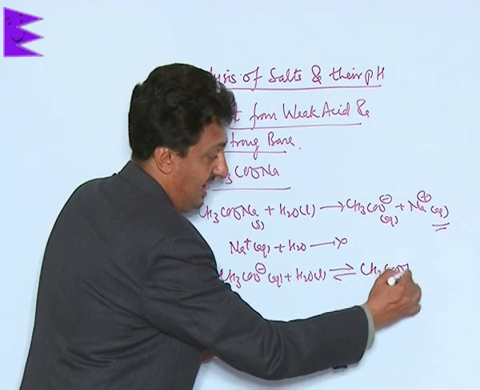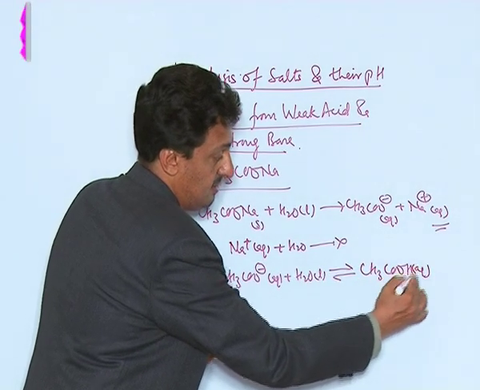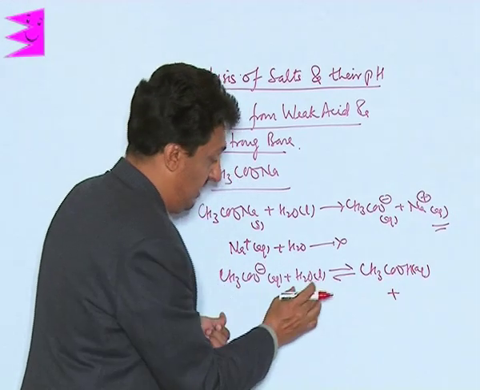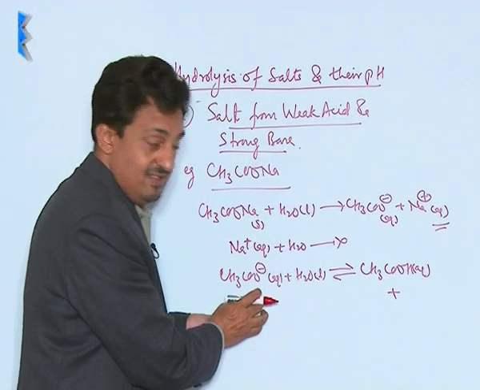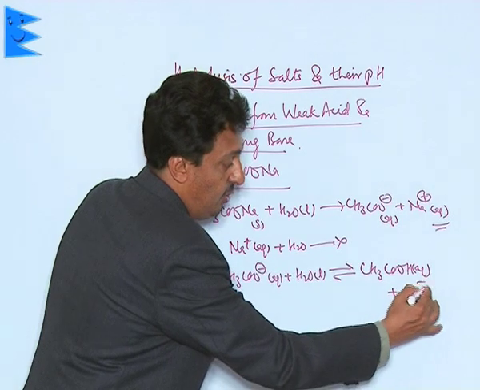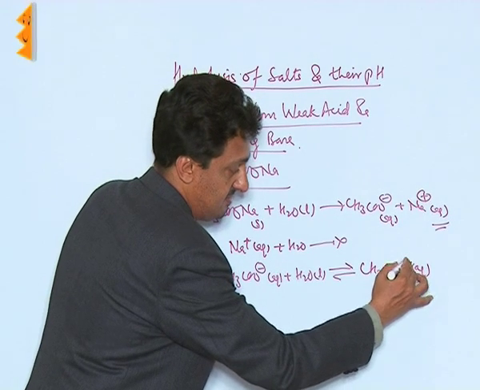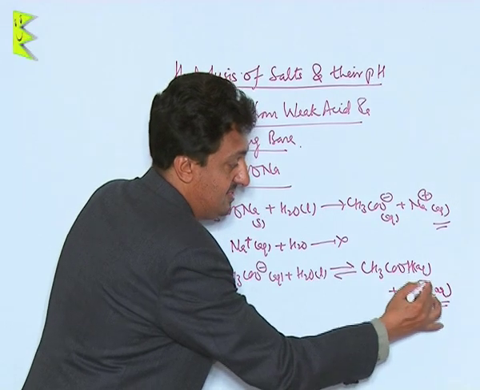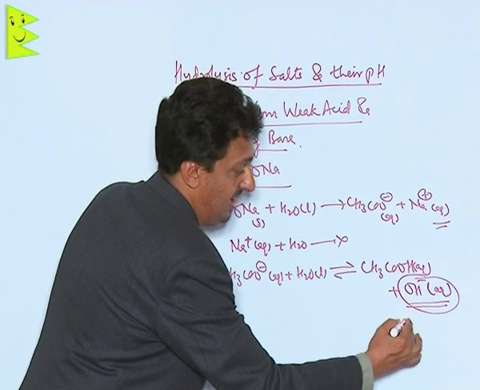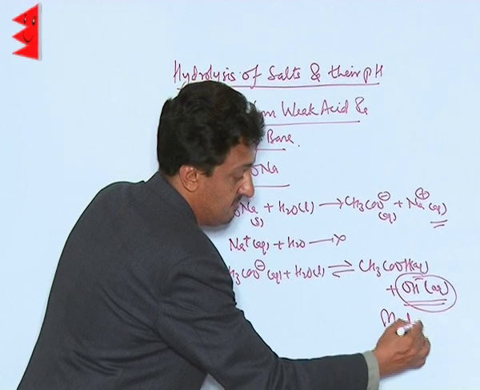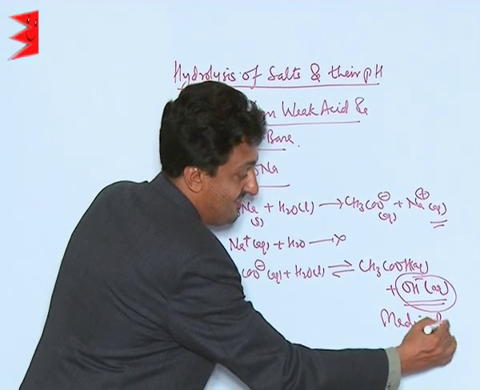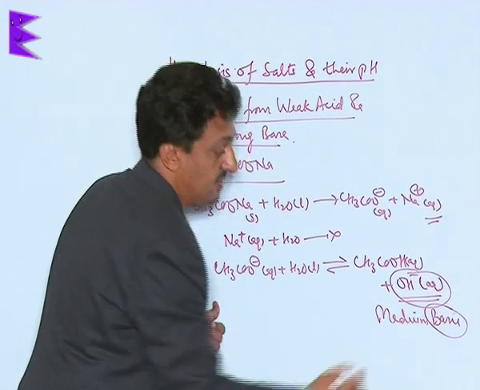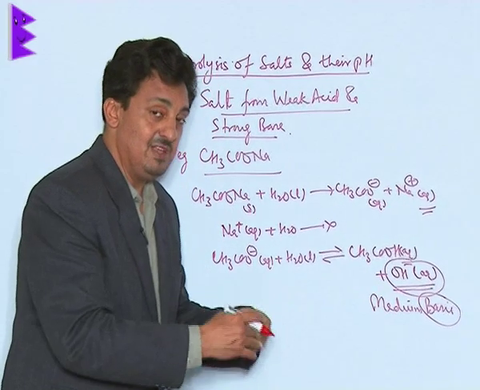and form acetic acid, and since it has taken H ions out of the water, it will release OH minus ions in the water. Now these OH minus ions will make the medium basic.